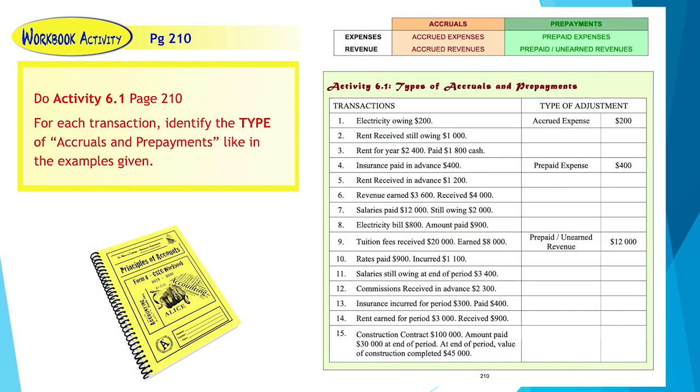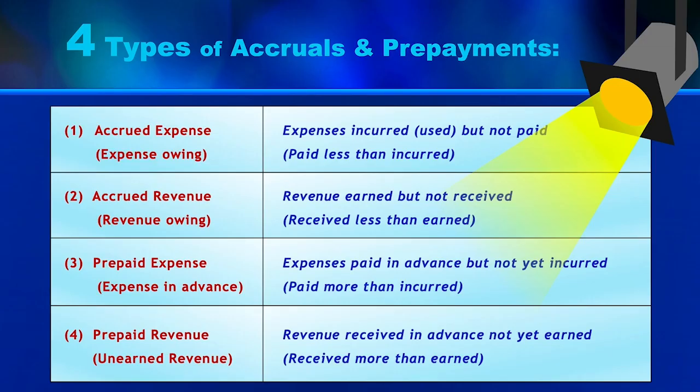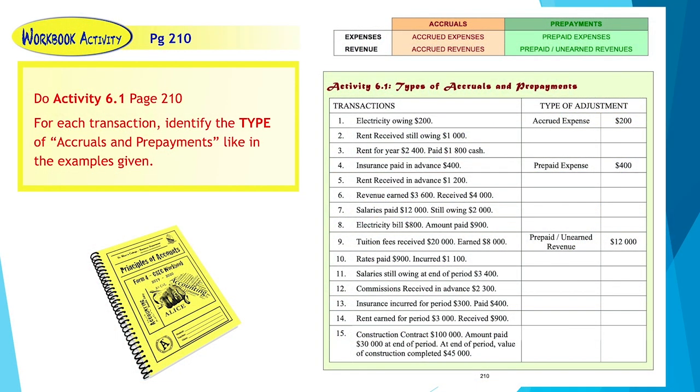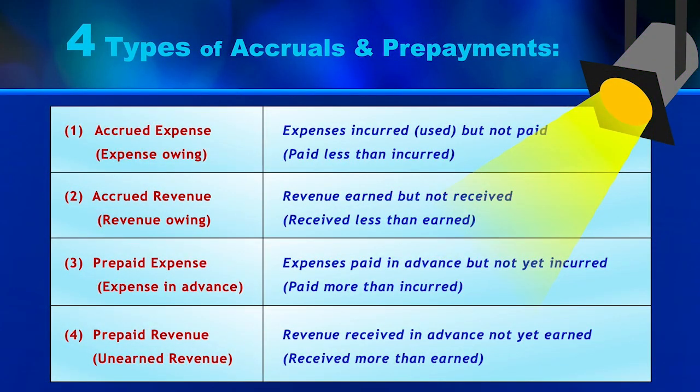So we have a nice little activity, St. Mary's, in terms of your workbook. Here you will have to identify the types. Once again, what are the 4 types? Prepaid expenses, prepaid revenue, accrued expenses, accrued revenue. So you have 4 types, and you have to identify which of the types per transaction.